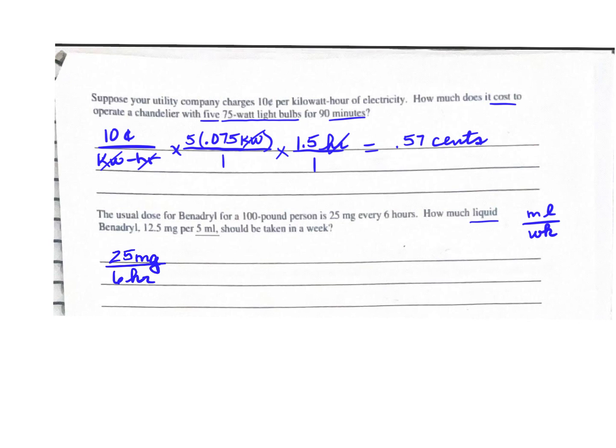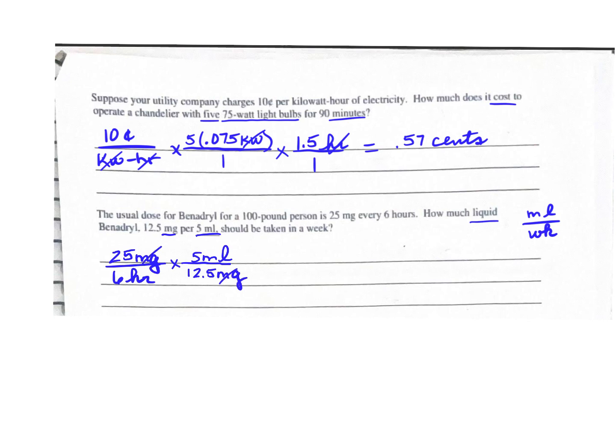So I have 25 milligrams. Now my concentration they've given me is in milligrams per milliliter. So that's what I'm going to use to cancel the milligrams and get to milliliters. I'm going to put the 5 milliliters on the top because that's what I want to get to on the top. And of course the 12.5 milligrams on the bottom will cancel the milligrams that are on the top right now.